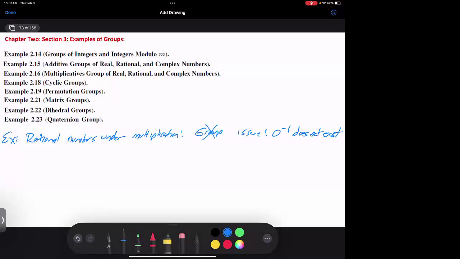So what we can do is study either Q plus, which is the positive rationals, or Q minus 0, which is often written as Q times, which is the non-zero rationals. Those would be groups. And they will still be closed, and you have to just make sure, because now we're restricting something. Okay, well, nothing was going to be multiplying by zero, so we're okay.